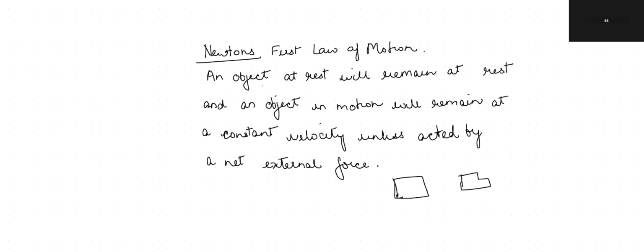Then the net external force is zero. It doesn't mean that there is no force acting on it, but it has a constant velocity in the same direction. There is no direction change and no speed change, so the net external force is zero. That's why it will continue to move with the same velocity.